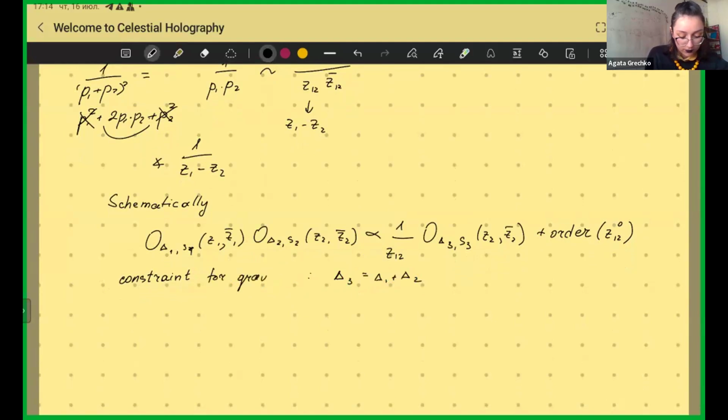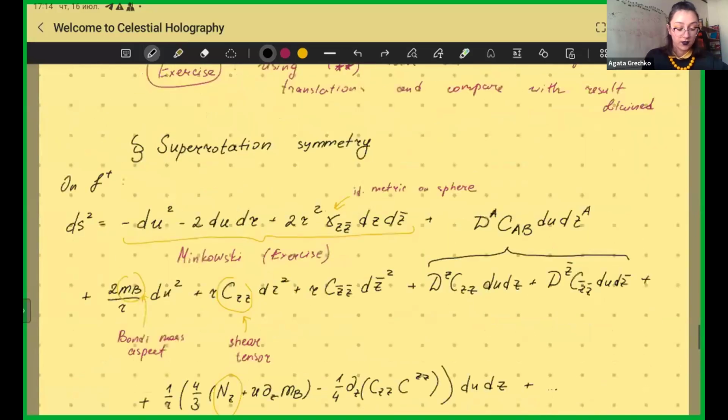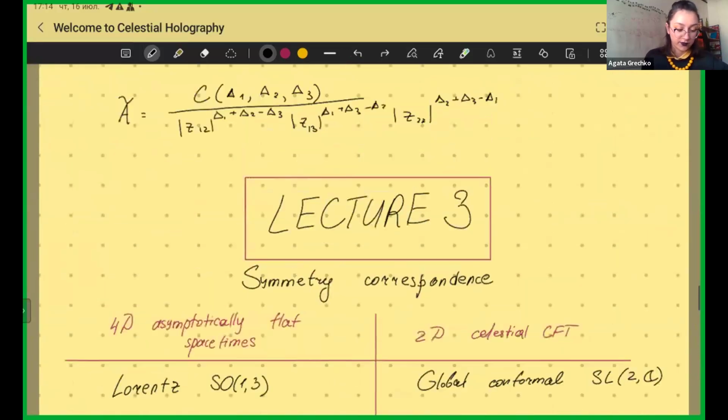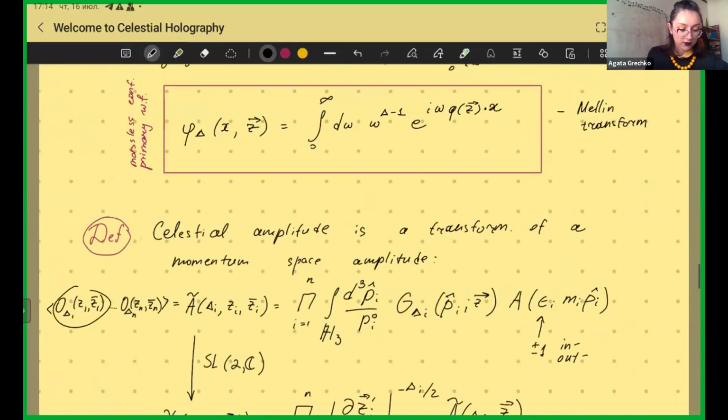For gravitons. So when we take this field here, right, it's the same field we use to denote our celestial amplitude here, right? So these are the fields. We consider the operator product expansion of two of them.